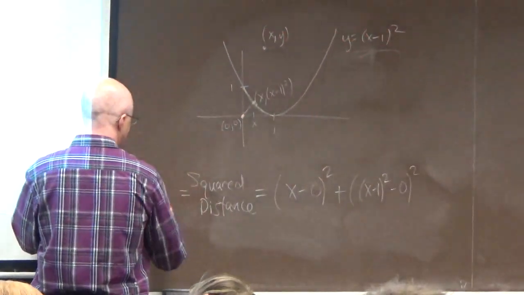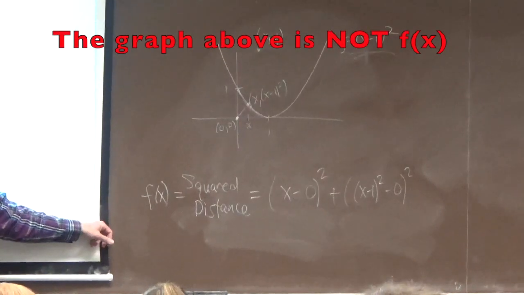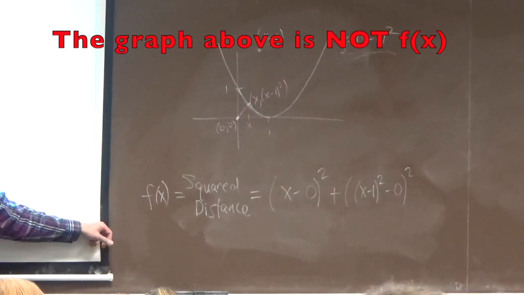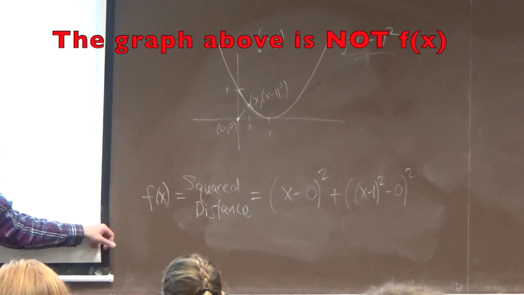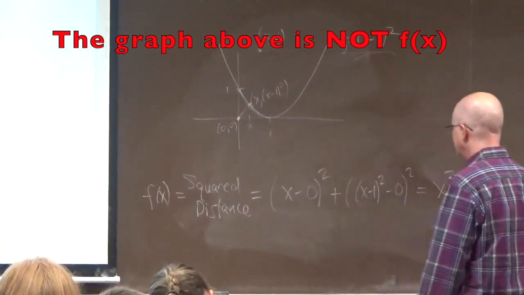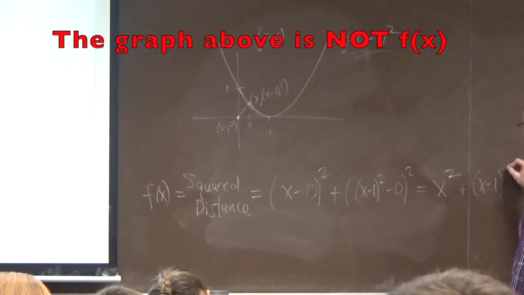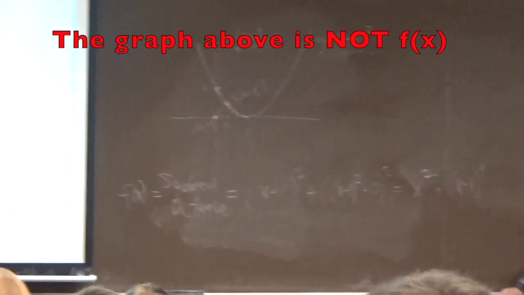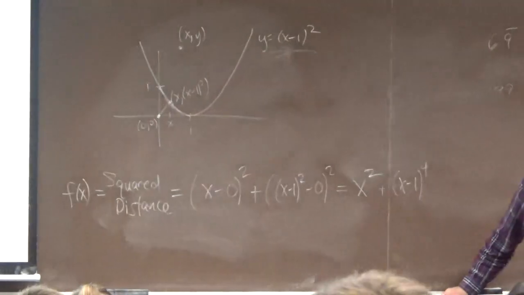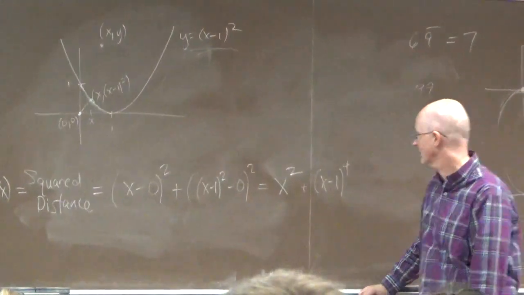I can call this f of x, say, and that's the function I'm trying to minimize. I'm a little worried about if it's going to work out because it's going to be fourth degree. So that may not be real easy to do analytically, but let's see how it works out.